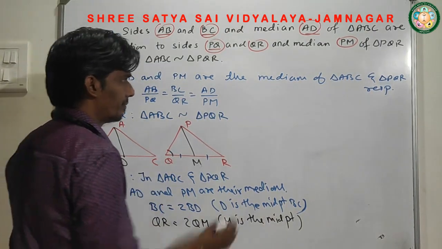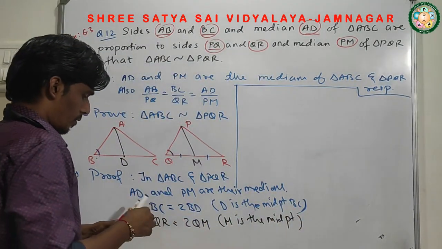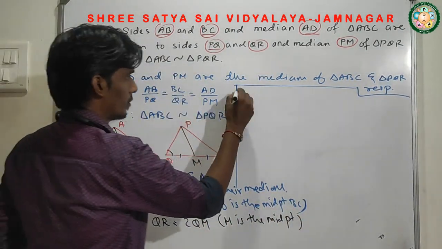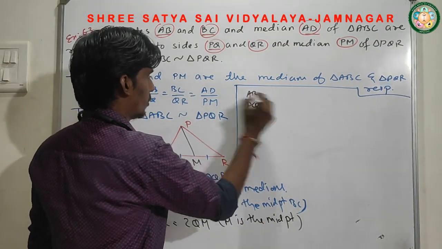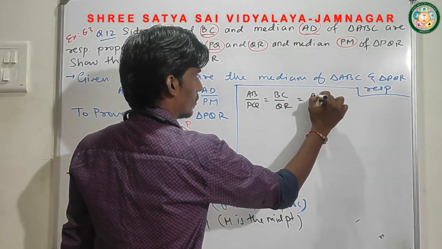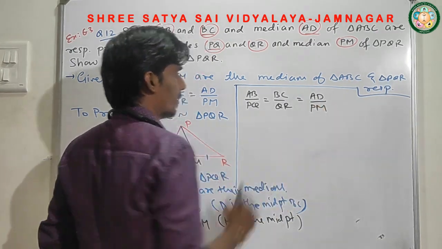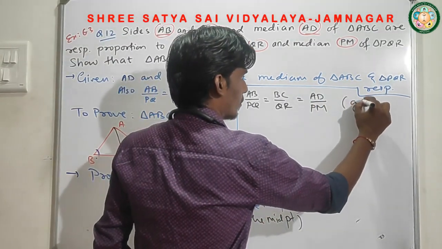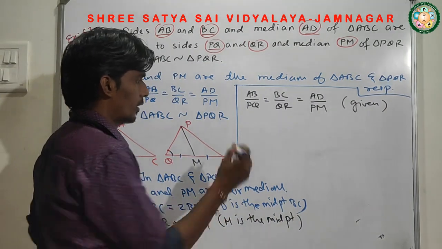Now it is given. From given we can write AB upon PQ is equal to PC upon QR is equal to AD upon PM. Reason given. So what I'm going to do here?